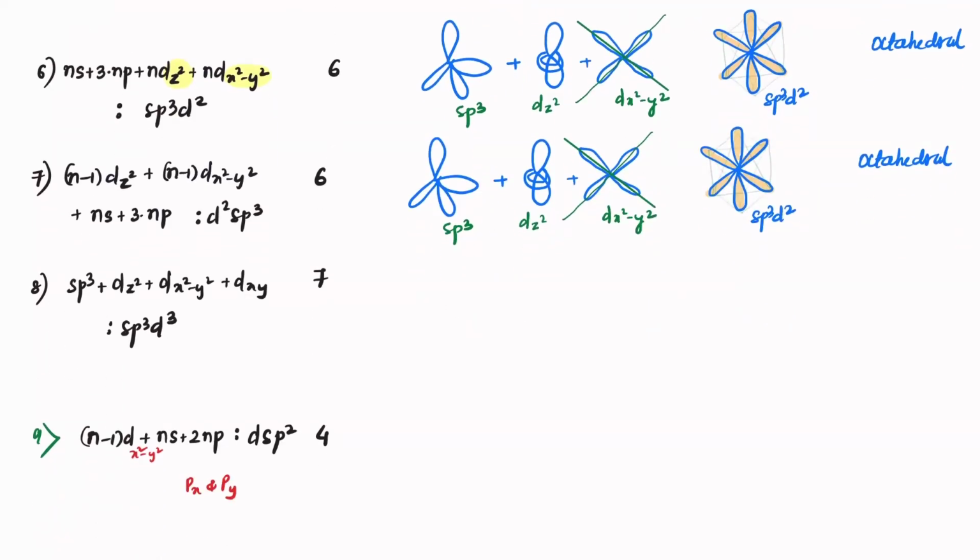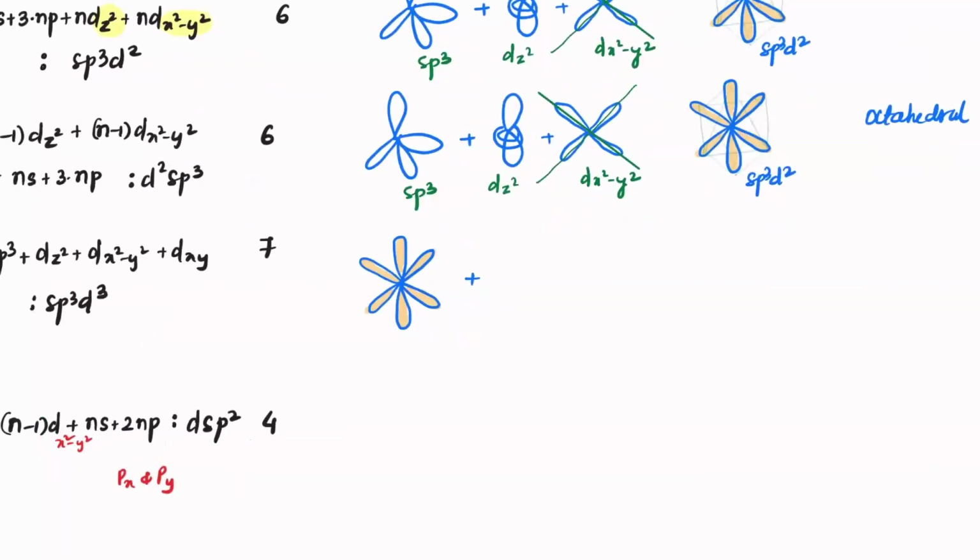Next, the seventh one, sp3d3. In case of sp3d3, first I'm taking this octahedral form, and on the octahedral form we are trying to add dxy. Where would dxy be observed? If you have a molecule like this, this is how you'll get dxy.